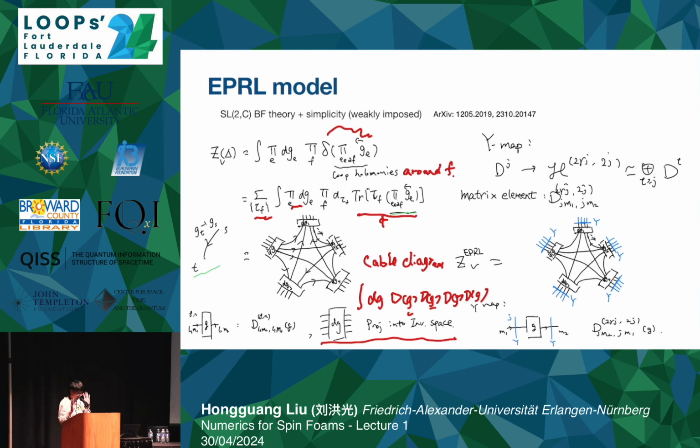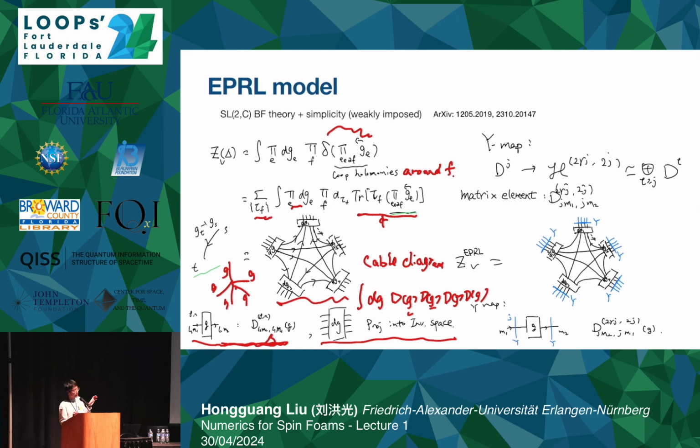So on this 5-edge diagram, we have 5 D^j on each edge, and then it becomes the projector with 4 valence. So it's like this. This is the geometric representation, in which I represent this g with this line, the matrix elements.